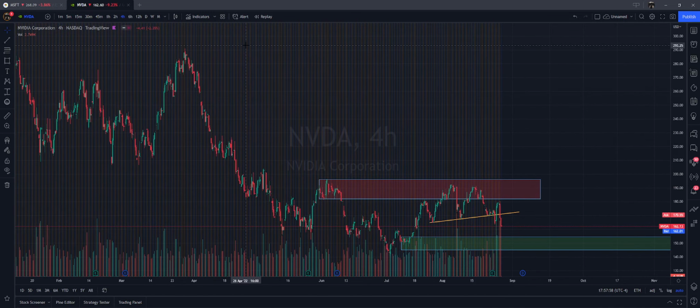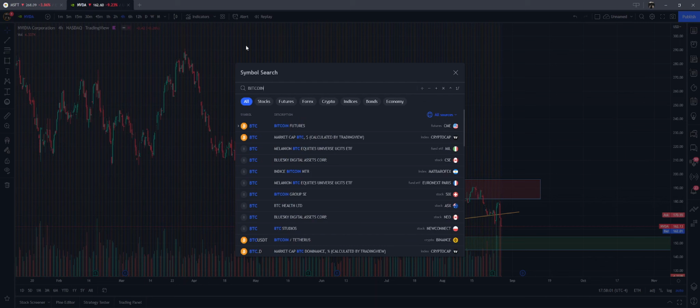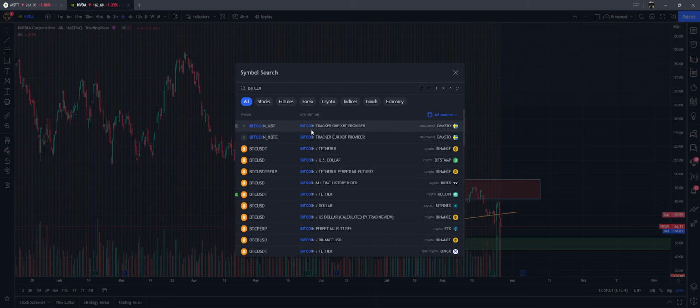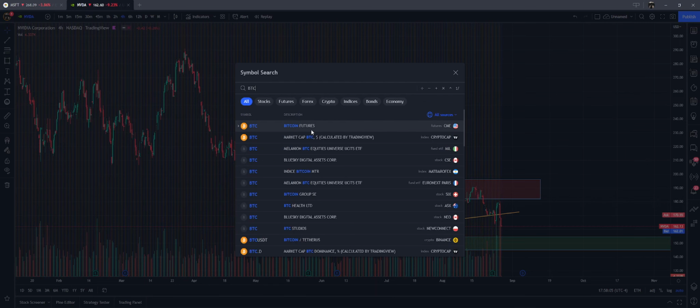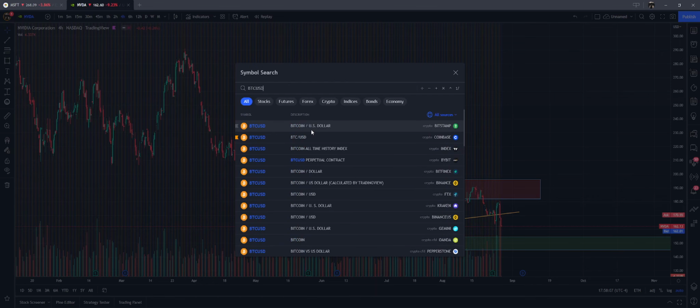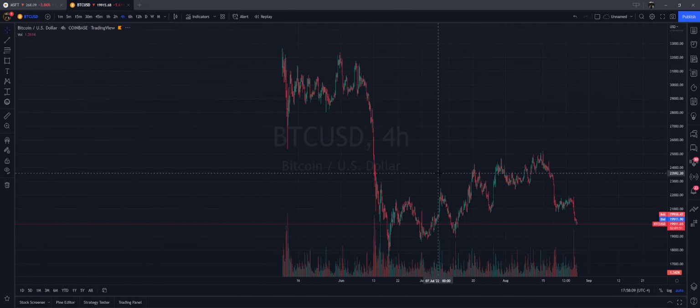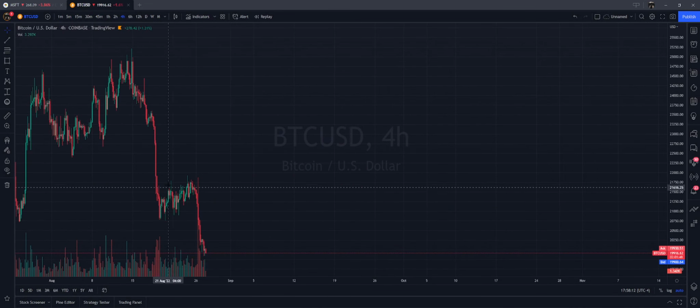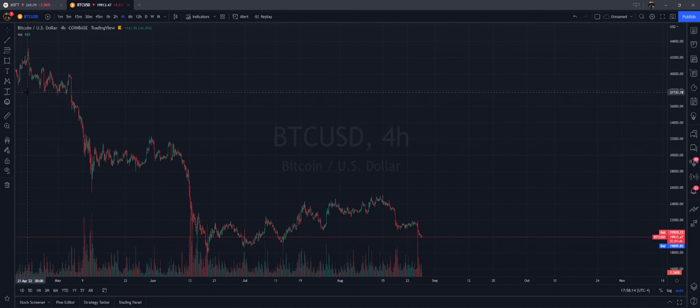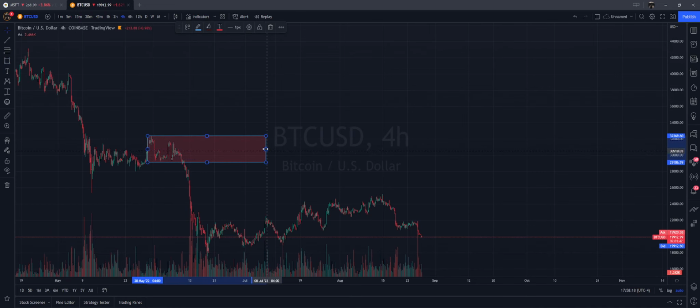On Bitcoin, it's the same thing. I'm going to use Coinbase on this one. Alright, same thing. What do we see here? Supply zones. We have multiple supply zones, right?